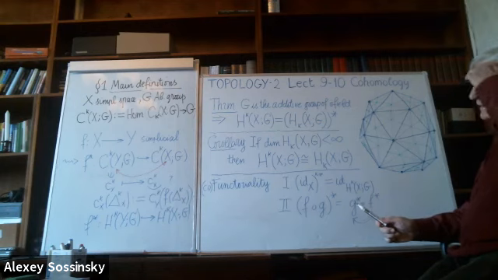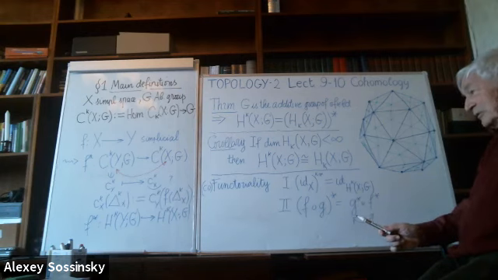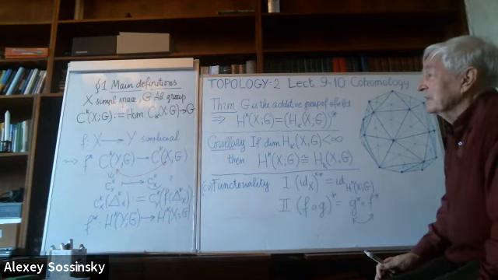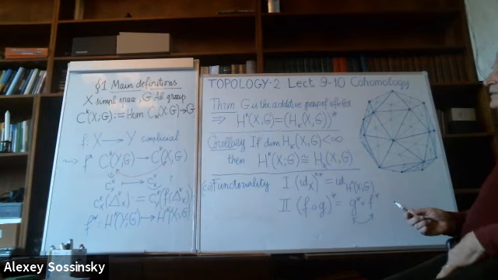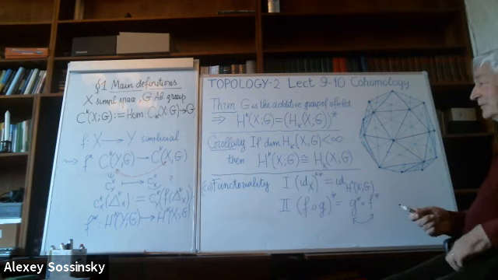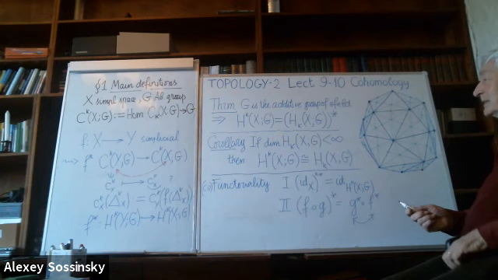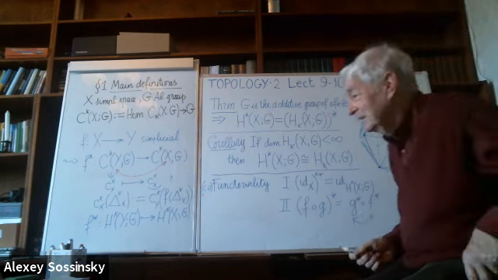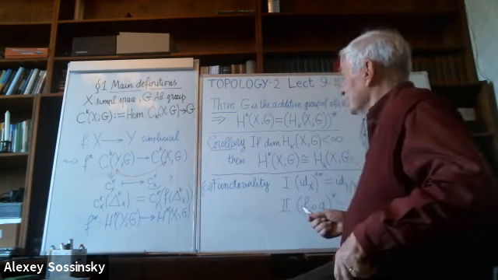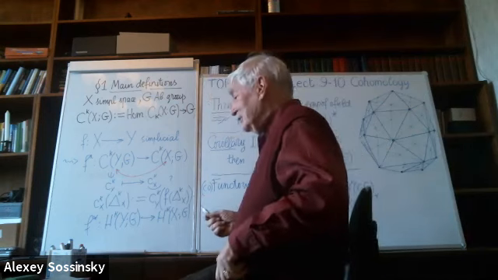So this is functoriality. So we have constructed a functor from the category of simplicial spaces to the category of abelian groups. This functor is called the cohomology functor, and it is a contravariant functor. Okay, so much for the definition of cohomology.